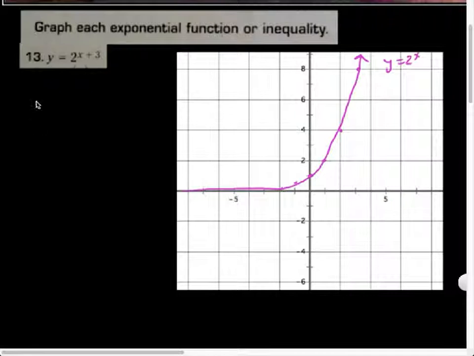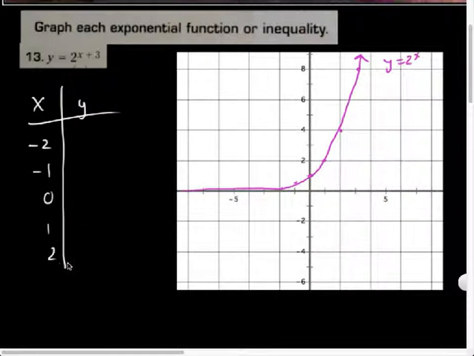Another way we could have done this is just with a table of values, where I could plug in some numbers, -2, -1, 0, 1, 2. Actually, these ones are going to get big, but that's fine.